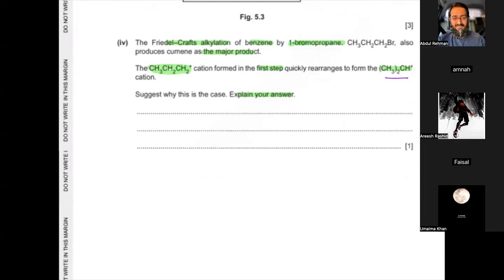So if you see, this one is CH3, CH2, CH2 positive, right? And they are saying that as soon as this forms, it turns into this compound. Okay. So what happens is that the proton shifts.